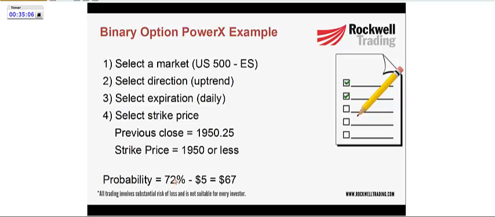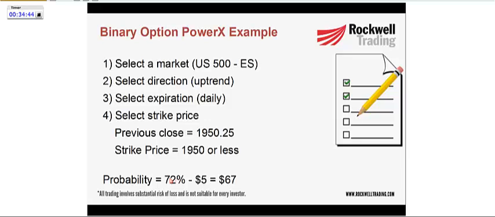I should have had the probability at 77% here, but what I meant to say, well, let's use 72% just so there's no confusion. If the probability of the market closing higher or lower based on our analysis is 72%, I said I want to buy or sell the option $5 better.